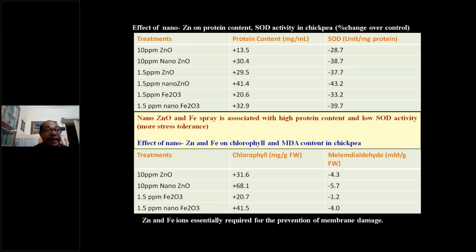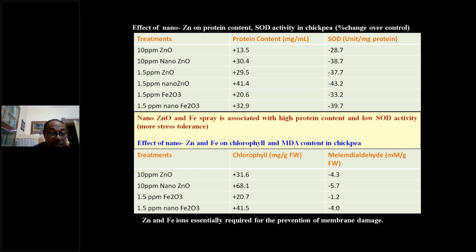And again, we found zinc and iron nanoparticles can be used to enhance the protein content. You can see, if you compare with a chemical fertilizer, it reduces the SOD activity. That is very important. Lower SOD activity means more stress tolerance. So in the field, you may get plants more stress tolerant when you apply biosynthesized nanofertilizer to the plants.